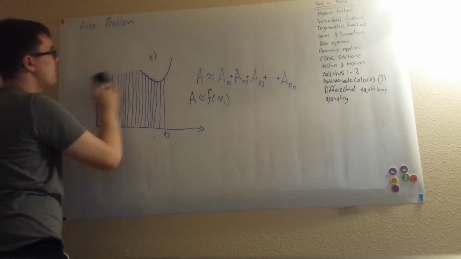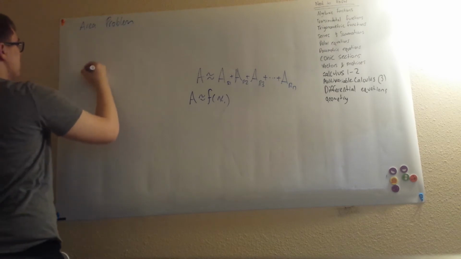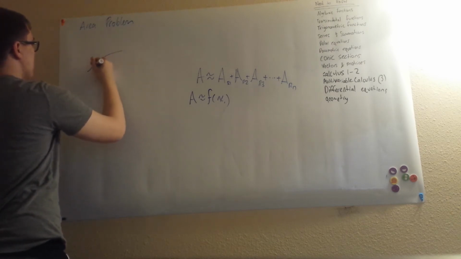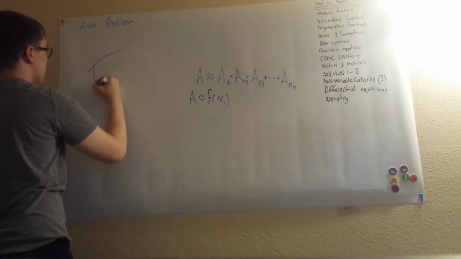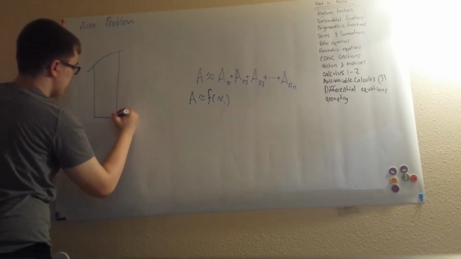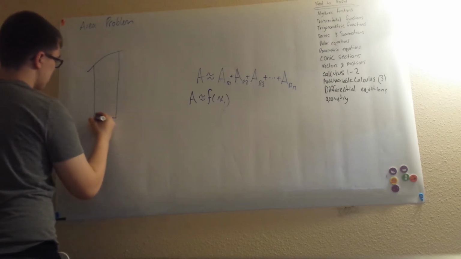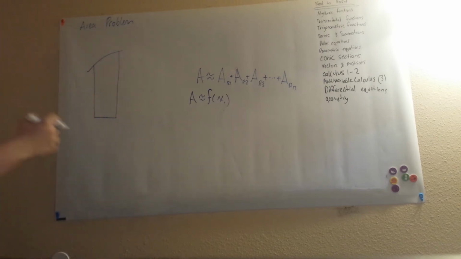And let me zoom in a little more. Let's zoom in on one rectangle. So if we have a curve right now, I'm taking a little slice of the curve, and I'm asking where my function height is.